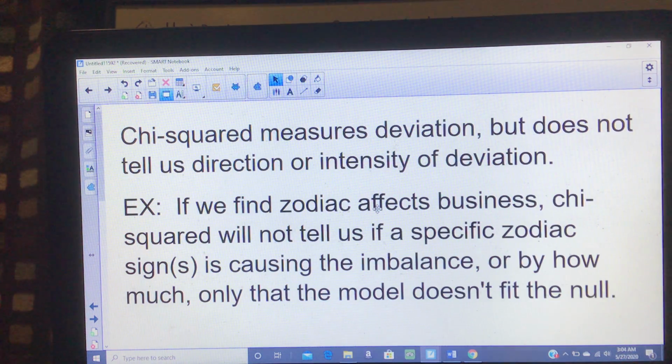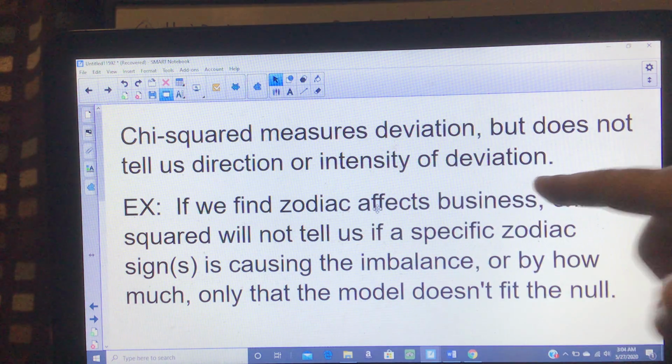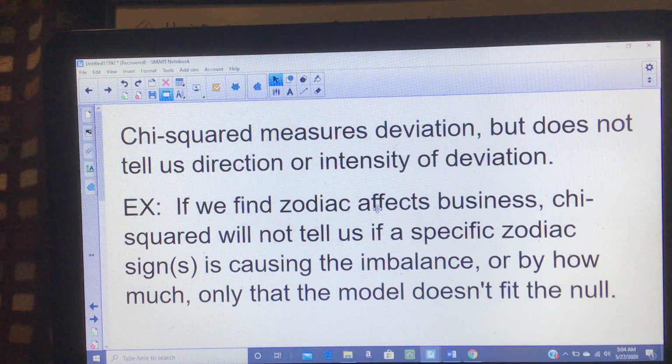All right, so here's the idea. This chi-square test will measure deviation. It'll tell us whether we're close to our null model, or whether there's too much deviation to be close to our null model. It doesn't tell us the intensity of the deviation. So for our example, if we find zodiac affects business, the chi-square test doesn't tell us which zodiac sign is causing the imbalance, right?